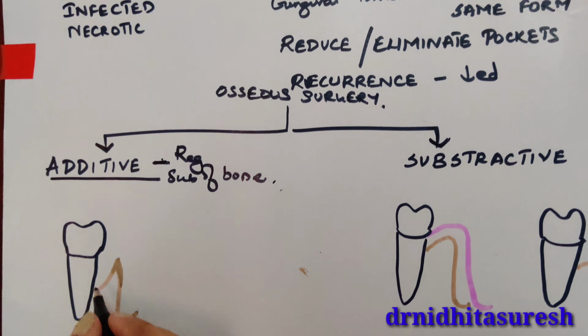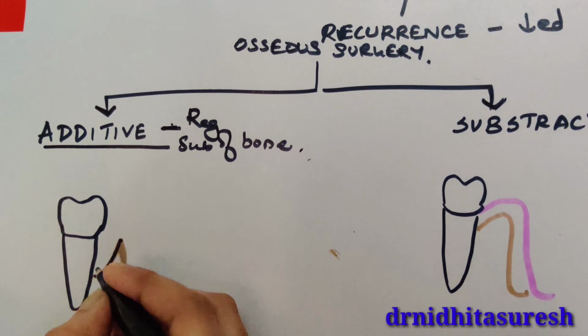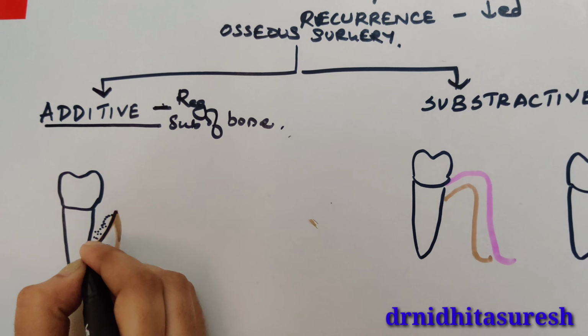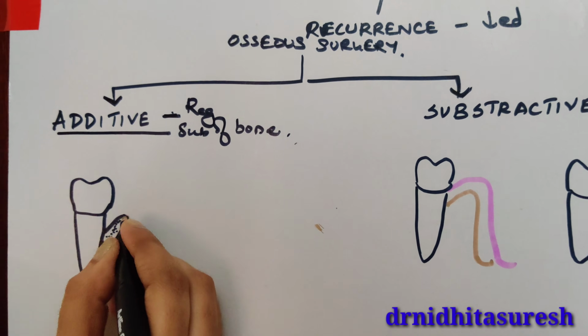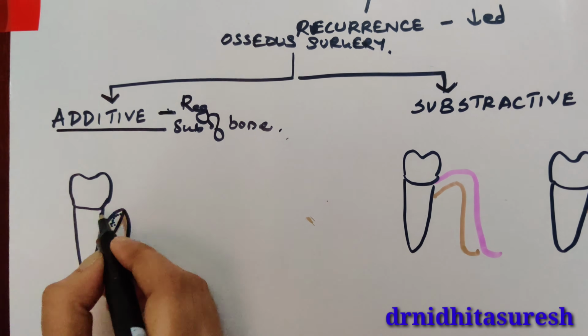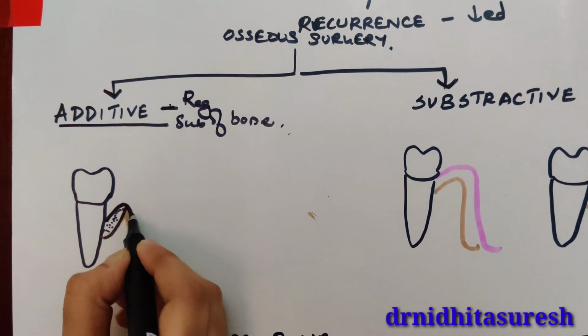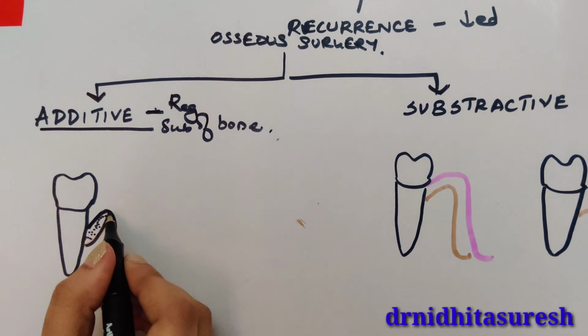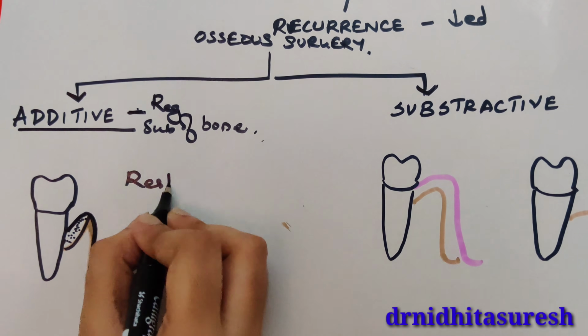Imagine there is a 3-wall defect, and you are trying to regenerate this area, and you are bringing it up like this. So you are restoring the bone to its original level.